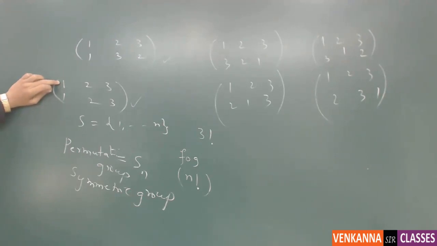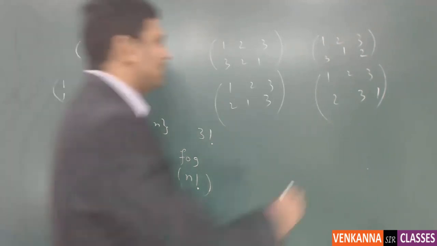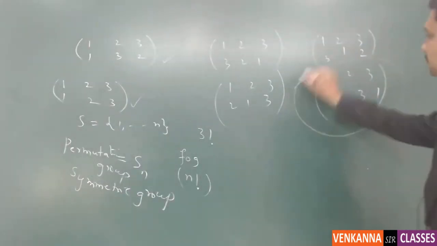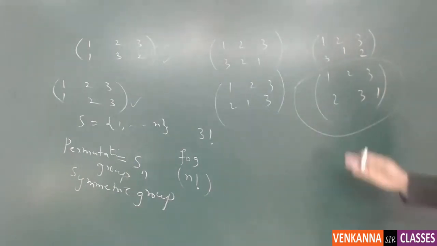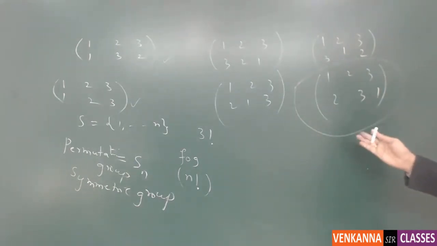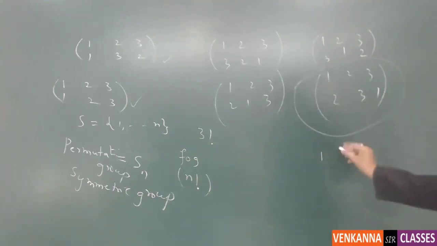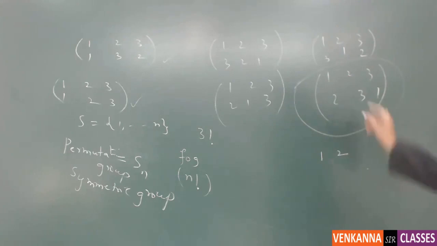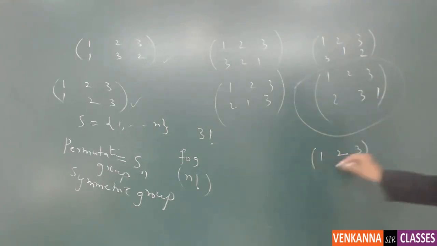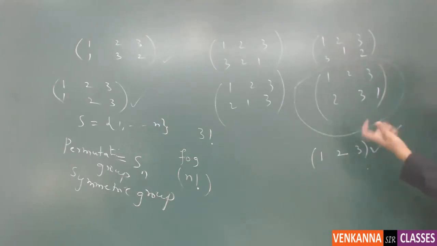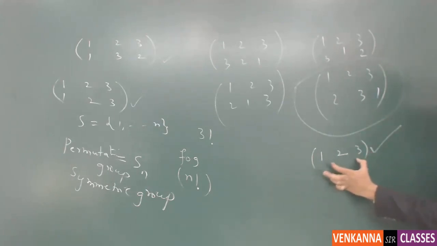Now, since writing like this always is difficult, you can represent this permutation in a short manner: for 1 the image is 2, for 2 the image is 3, for 3 you again get 1. So this is also equivalent.